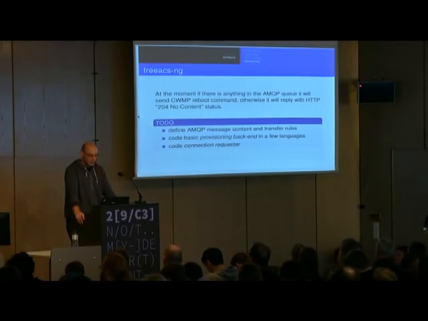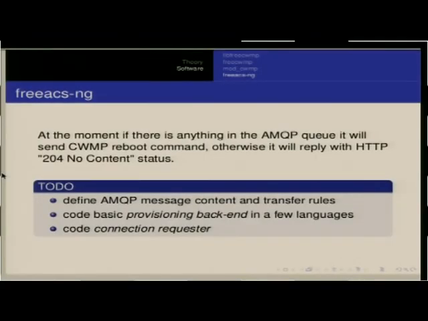Okay, so at the moment, if there is anything in the queue, FreeACS-NG will only send a reboot command. Otherwise, it will reply with no content. So on my to-do list is to define how these exchanges and queues should work together, and find the best way to do this.